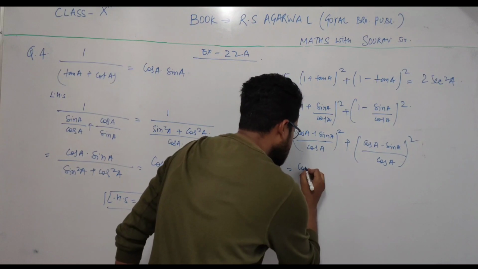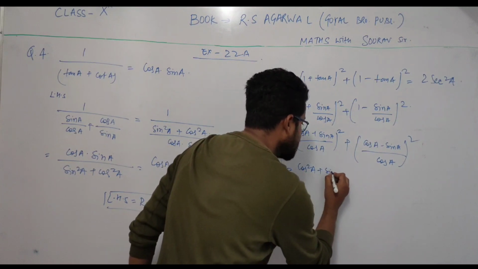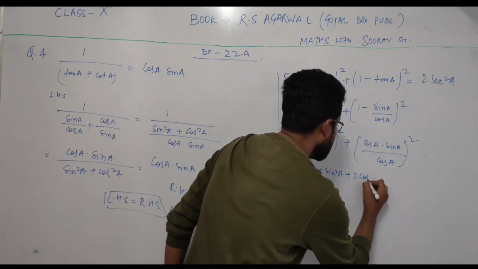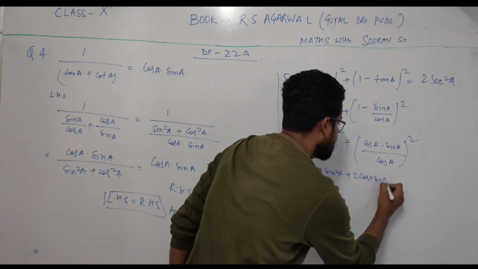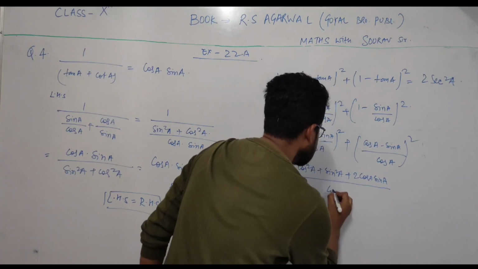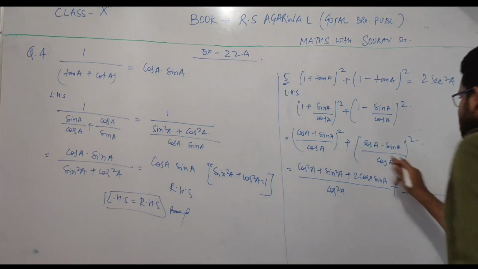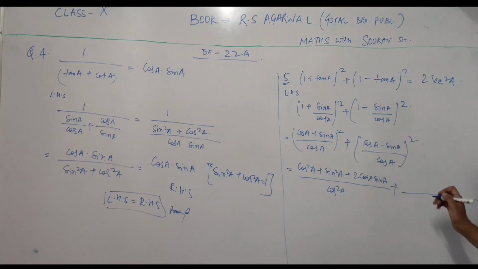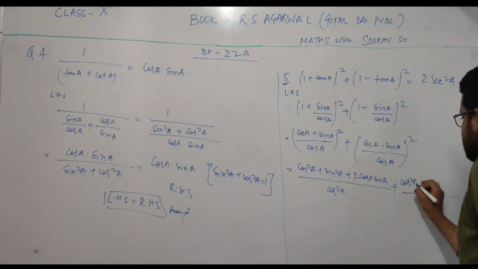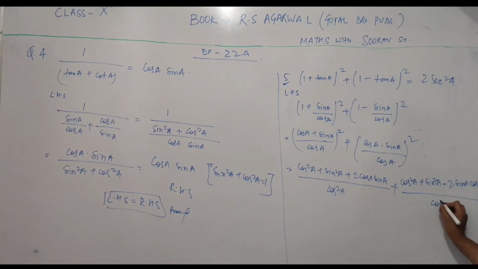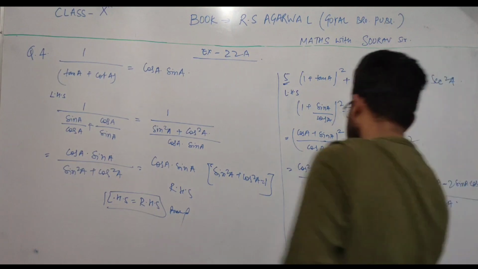So this one is a square plus b square plus 2ab, upon cos square A. Similarly, here I write this again using the (a minus b) whole square formula. So this is cos square A plus sin square A minus 2 sin A cos A, and in the denominator this is cos square A.